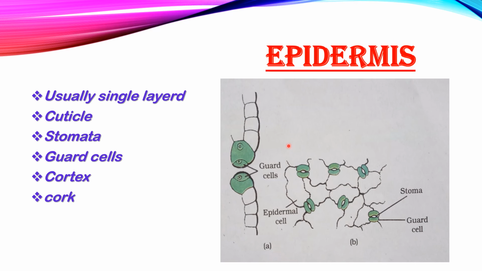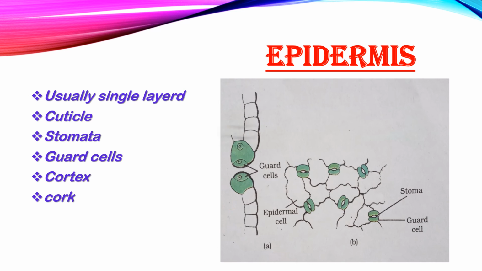We have done what happens in the aerial parts. Now in case of roots, what happens in the epidermal layer? There is a growth of hair-like structures on the outer layer of epidermal cells, which increases the surface area for the absorption of water from the soil.